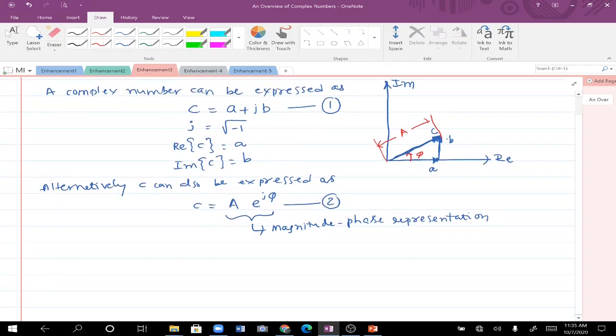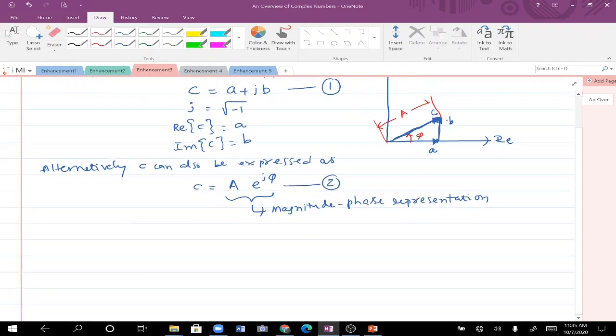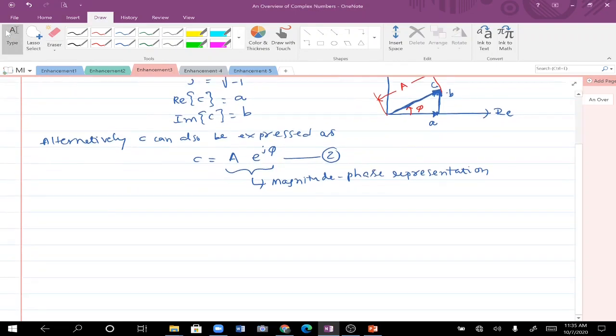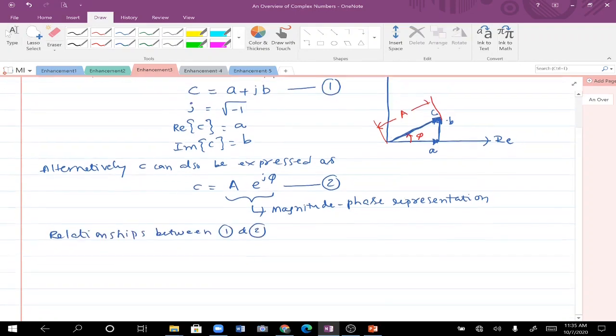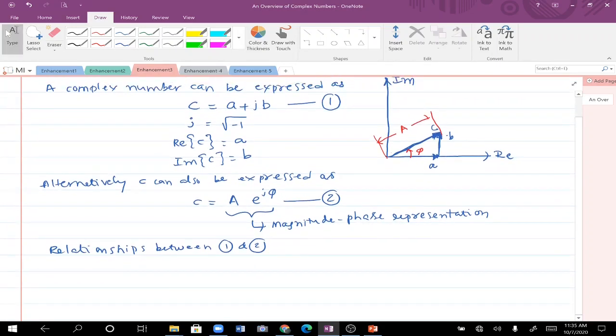Let's also mention the relationship between the real and imaginary part based representation and the magnitude-phase representation. Let us write down the relationships between 1 and 2. Assume that you are given the real and imaginary part representation shown in equation 1.